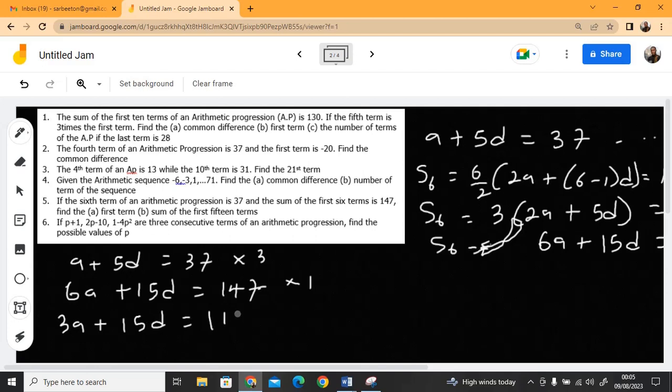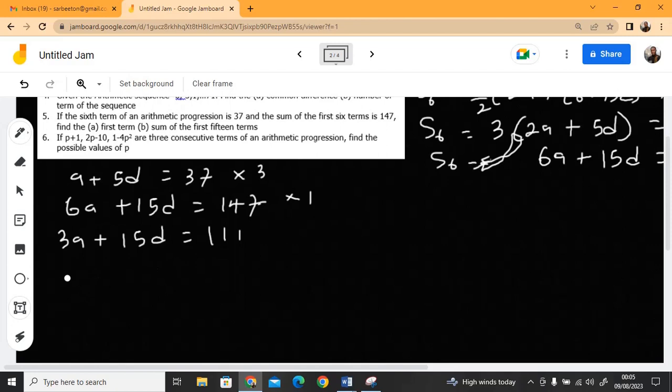The second equation stays the same: 6a plus 15d equals 147. Since you have plus 15d and plus 15d, for the elimination we subtract.